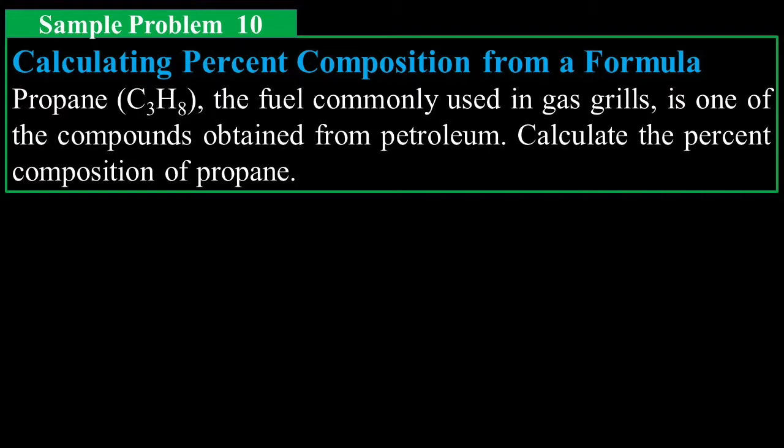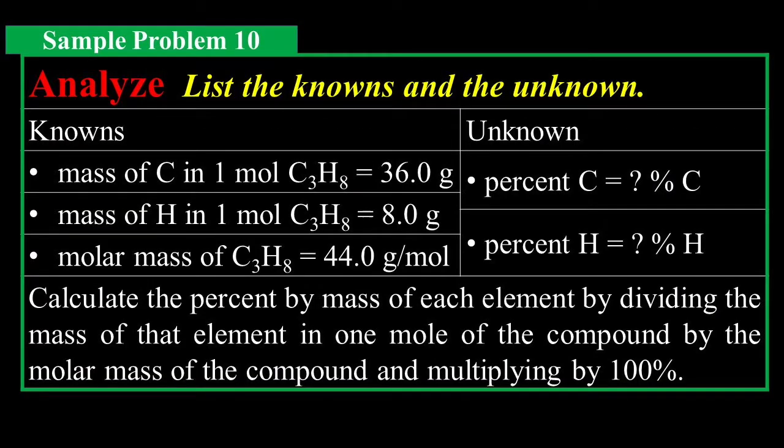So you could say 36 divided by 44 times 100 and 8 divided by 44 times 100. So we know that the mass of carbon in propane is 36, hydrogen is 8, the molar mass of propane is 44. We want to find the percent carbon and the percent hydrogen.